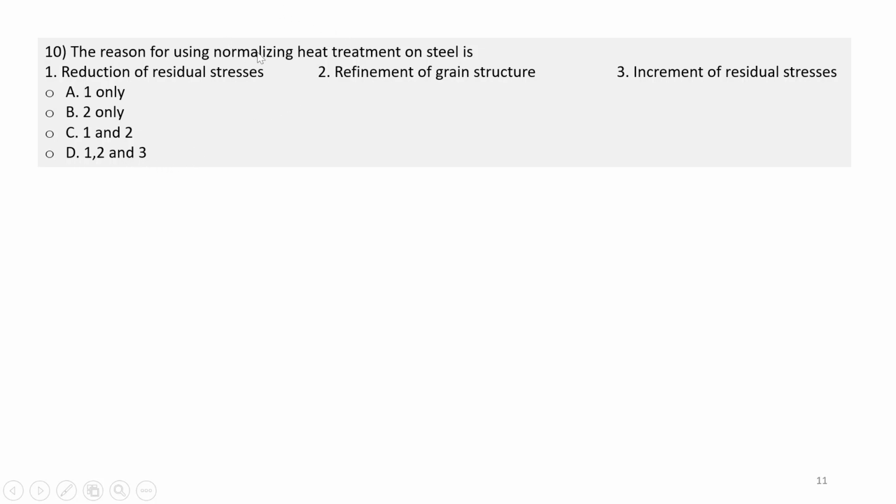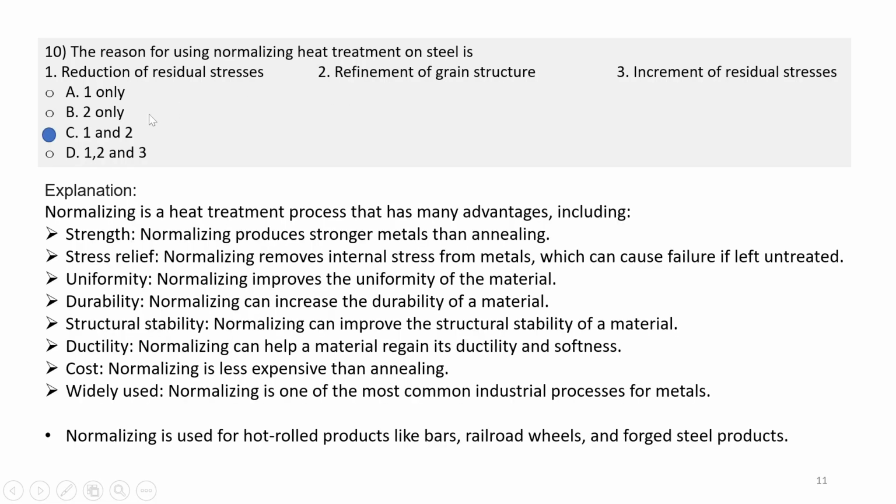So in case of normalizing steels, it provides advantages of both reduction in residual stresses as well as refinement of grain structure. And this one is an incorrect statement, increment of residual stresses. So 1 and 2 will be the correct option.